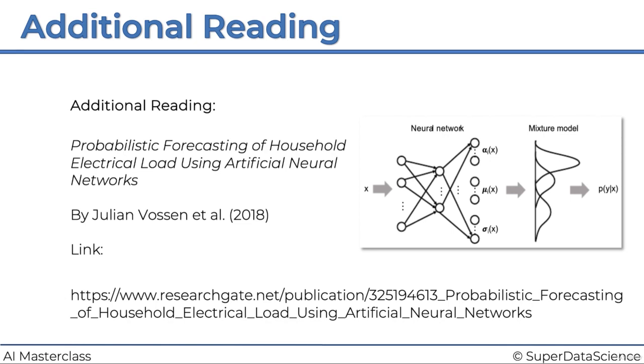Very interesting paper, and here they compare using a mixture model to other approaches in artificial neural networks for predicting household electrical loads. Quite an interesting business or industrial application for neural networks. So in this example, we looked at puppies. Here's an actual business problem if you'd like to see neural networks and mixture density networks in action.